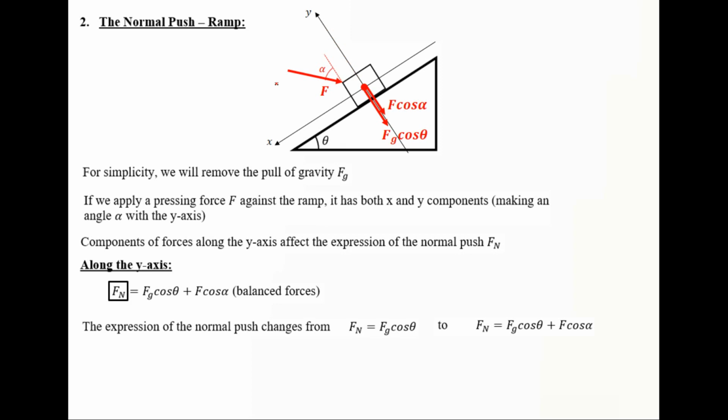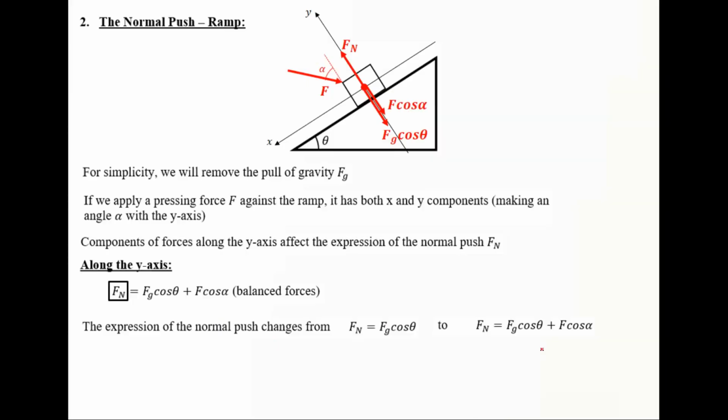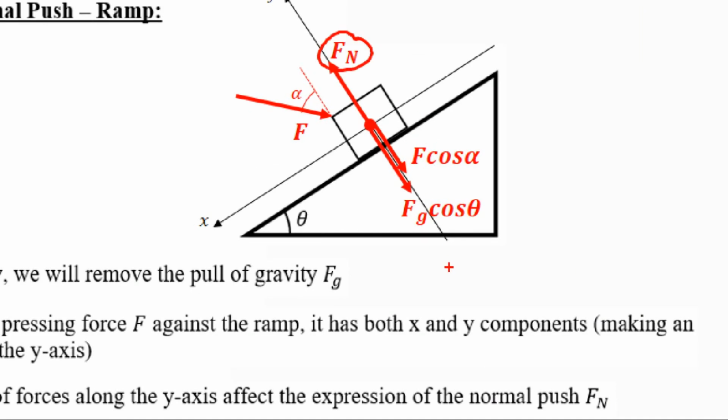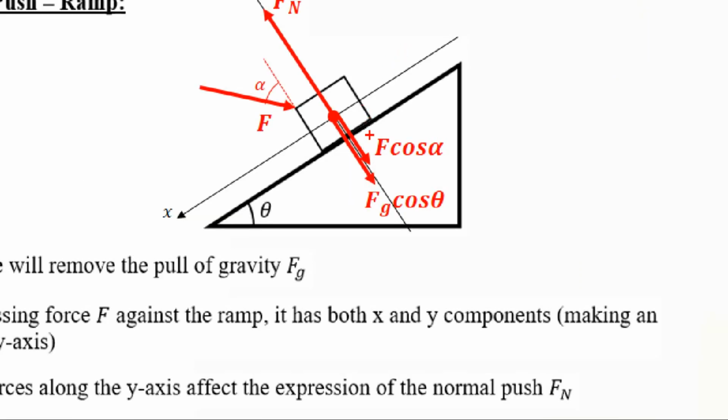As you can notice, basically the value of the normal push increased from Fg cosine theta into Fg cosine theta plus F cosine alpha. Then if we need to do the correct representation, the normal push, which is equal to Fg cosine theta, should be replaced by a larger vector to compensate for the additional term given by F cosine alpha.